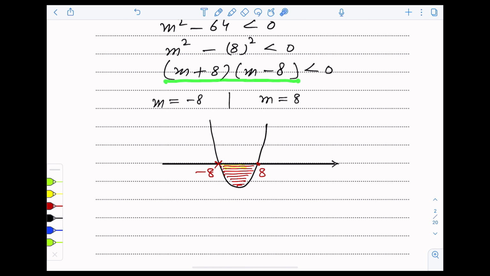Our function is clearly negative here. So y values are negative below the x-axis. This is the x-axis. This area lies below the x-axis, so the solution is the set of values m lies between minus 8 and 8.